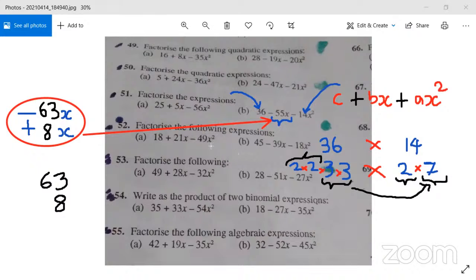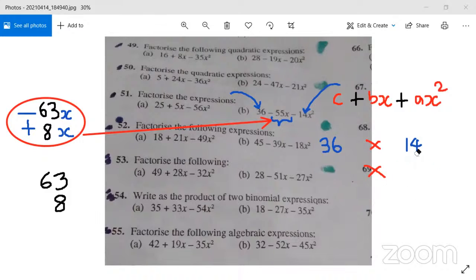So that's what we're going to be doing. So hopefully you stared at that long enough, right? And again, I can always reverse the process, right?